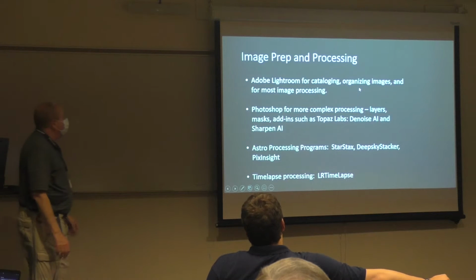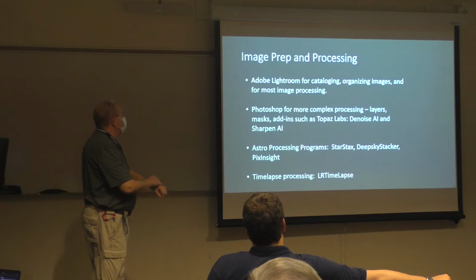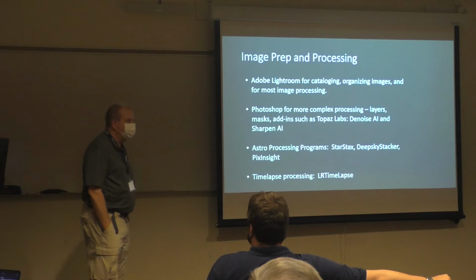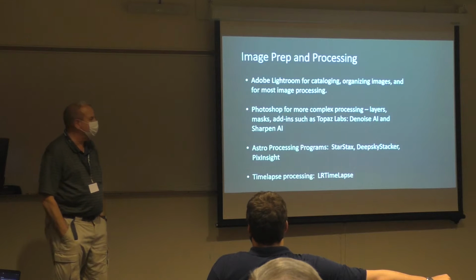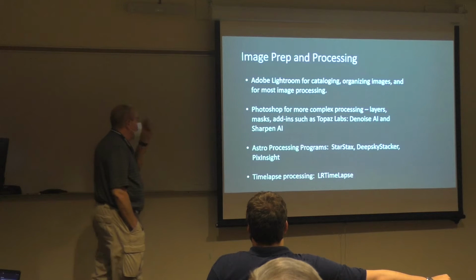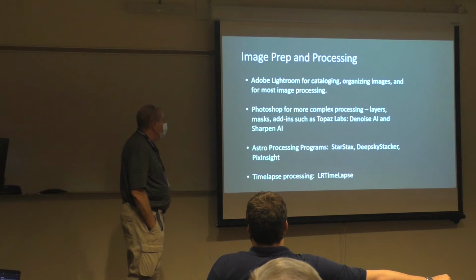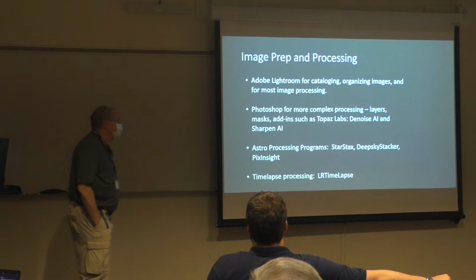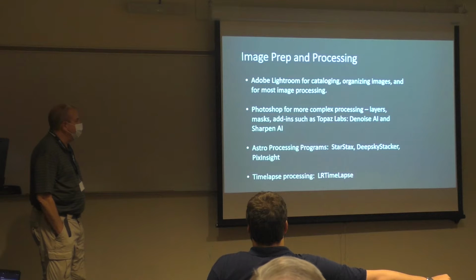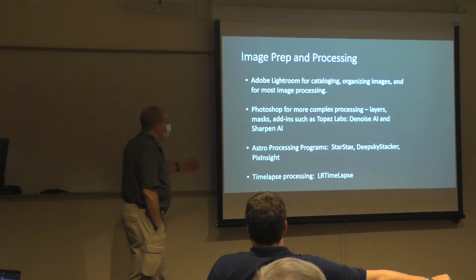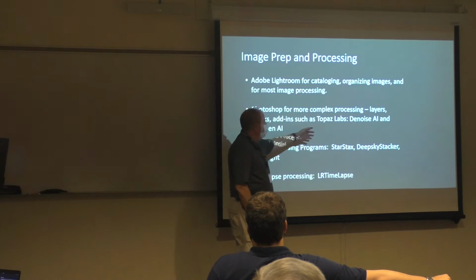For image preparation and processing, I use Adobe Lightroom for cataloging, organizing, and for most of my image processing. I use Photoshop for more complex processing when it involves layers and masks. And add-ins such as Topaz Labs Denoise AI and Sharpen AI. These are new tools that have been out just in the last couple of years.